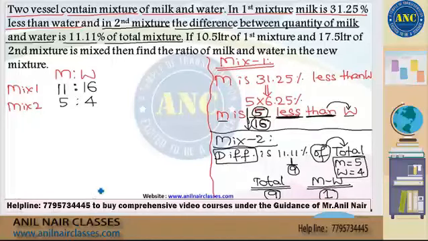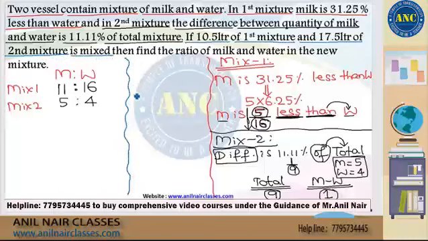The next statement is, if 10.5 liters of first mixture and 17.5 liters of second mixture are mixed. Or in other words, can I say this statement as, mixture 1 and mixture 2 are mixed in the ratio of 10.5 liters to 17.5 liters. 10.5 is 3.5 into 3. 17.5 is 3.5 into 5.